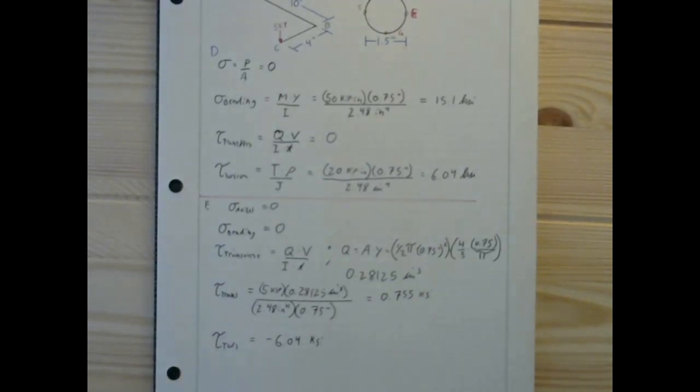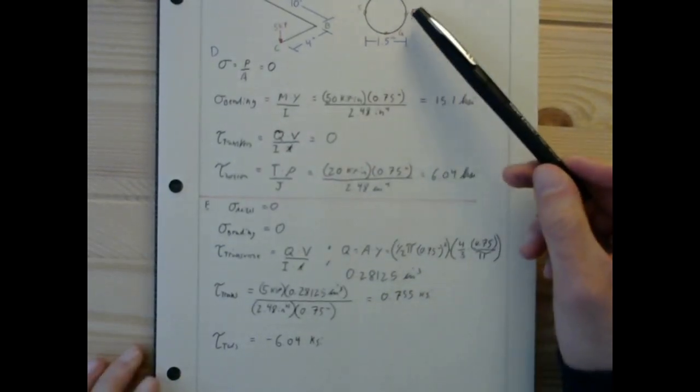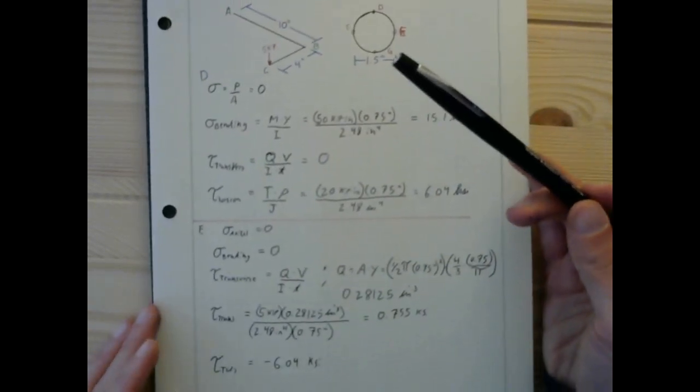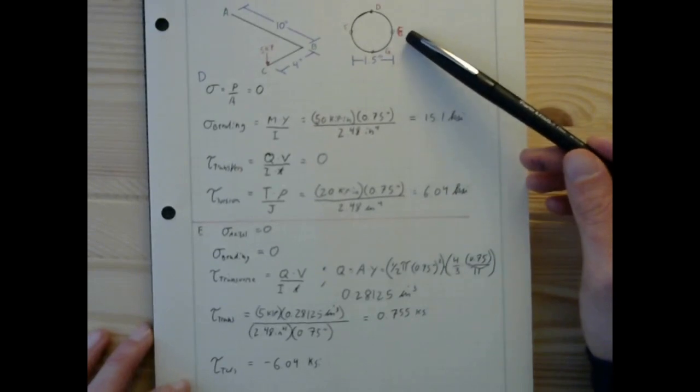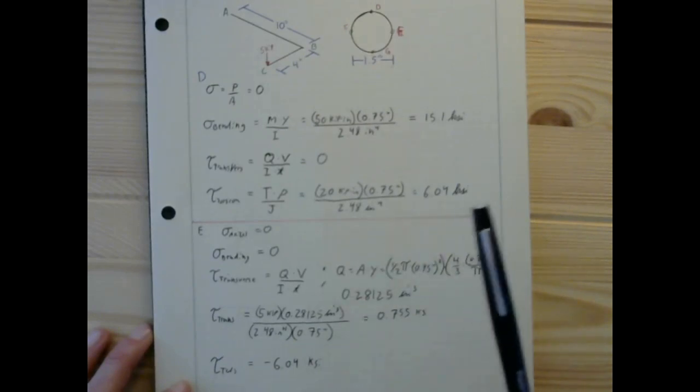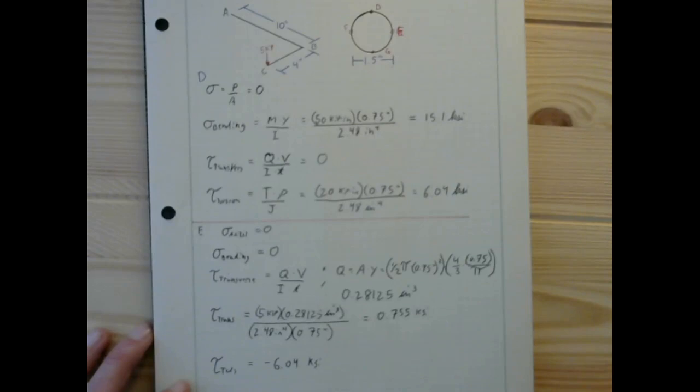So what that means is that when we're at point D, the transverse shear is going to induce a shear that is what we would normally consider to be a positive direction of shear, but the torsion is inducing a shear stress that is what we would normally consider to be a negative direction for shear.